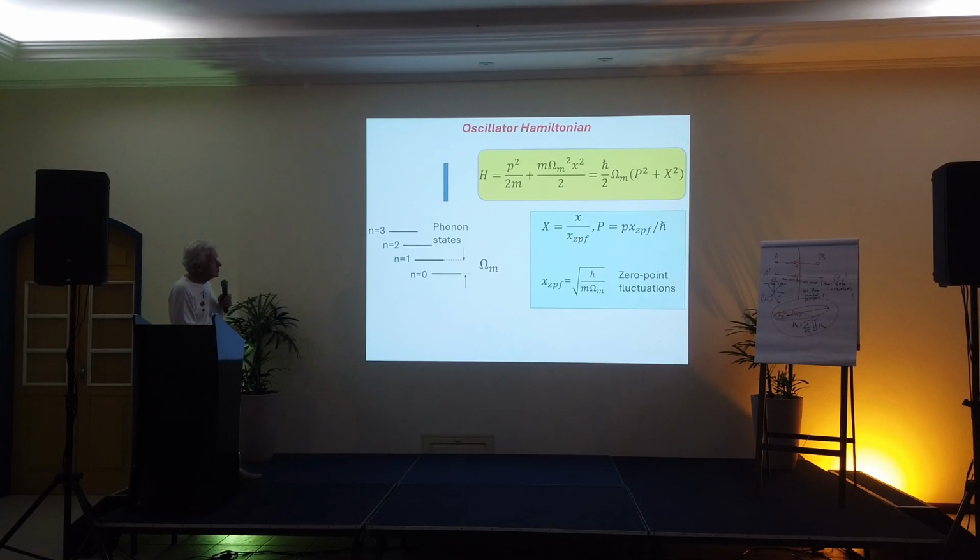And this is how you define them. You define x as normal x normalized to the zero-point motion, and p like that. And this is the size of the zero-point fluctuations, and this is how you can get the 1 femtometer that I just calculated. So the mass of 10 nanograms, the frequency of a megahertz, the h bar, and you get 10 to minus 15.